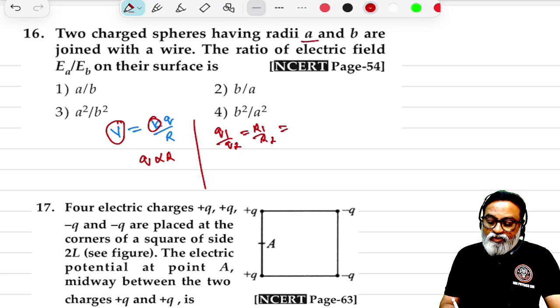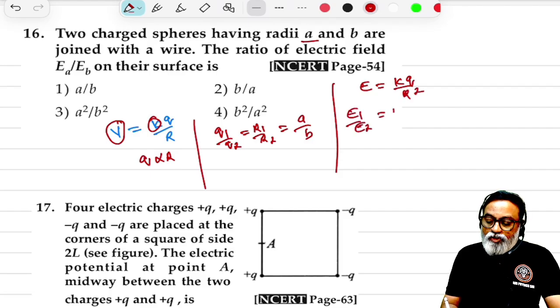Here, the radius of the first sphere is A and the second is B. But intensity E is equal to KQ by R square. Therefore, E1 by E2 is equal to Q1 by Q2 into R2 by R1 whole square.